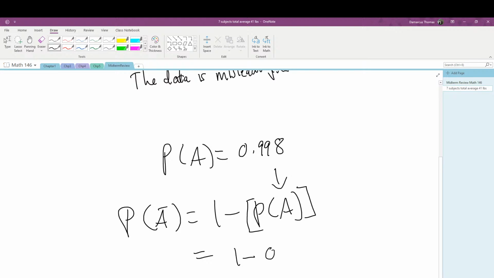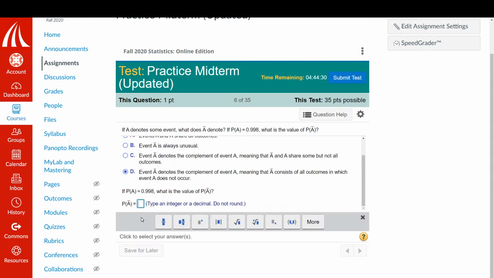It's 1 minus that. So we can just say it's going to be 0.002.